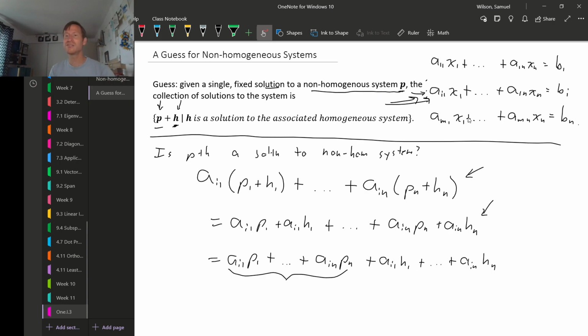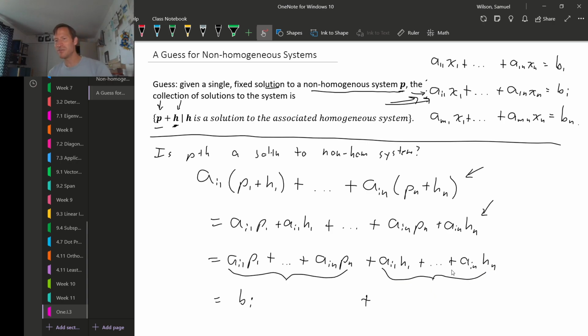So if you plug a solution into the left-hand side of any one of these equations, what you get is the right-hand side of that equation. That's what it means to be a solution. So that means that because p is a solution to the non-homogeneous system, this sum here is just b_i, the right-hand side of the ith equation. That's pretty nice.